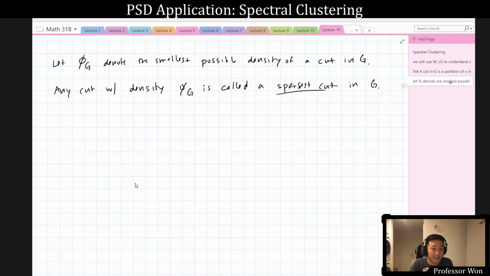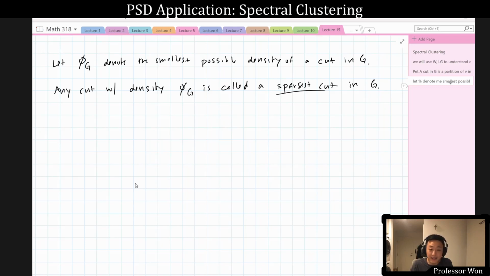Okay, but it's an NP hard problem, or at least it's in NP to find the sparsest cut. And so finding approximations of sparsest cuts is what a lot of research is dedicated toward, right? If you can have a fast algorithm that will find you an approximate sparsest cut, then that's pretty good.